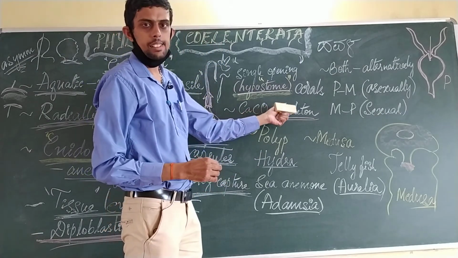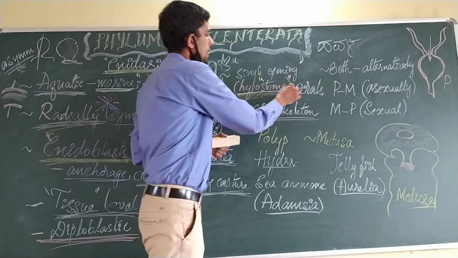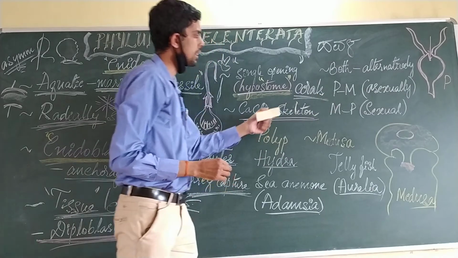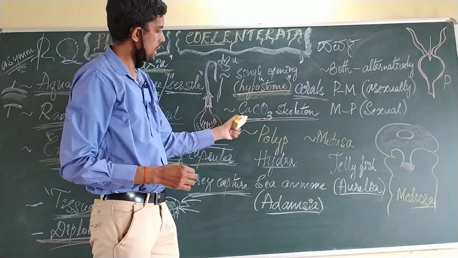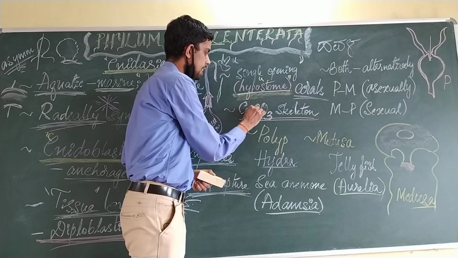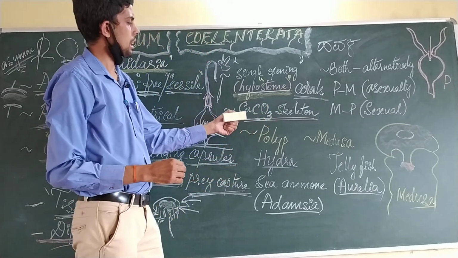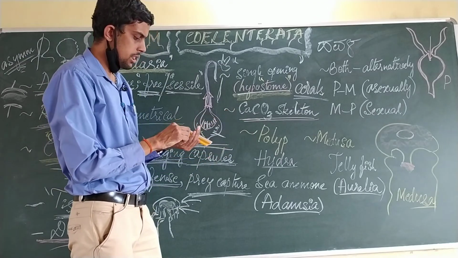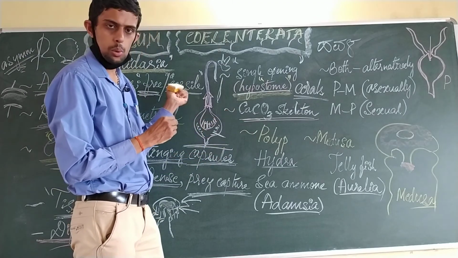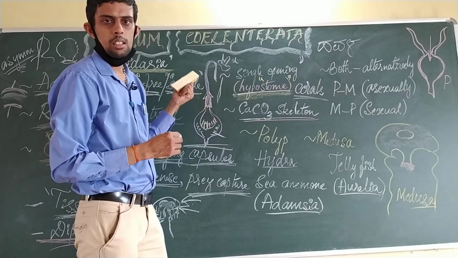That is the skeletal system found in some types of cnidarians, and they are commonly called the corals. So they are made up of, note down, calcium carbonate, CaCO3. Understood?